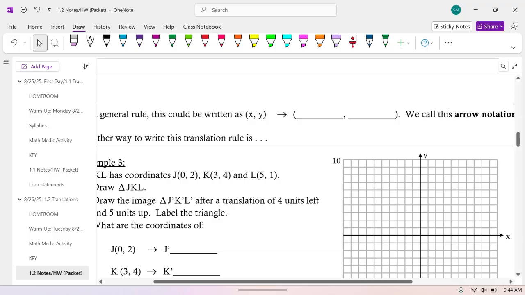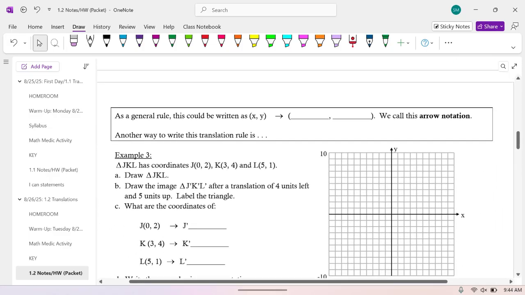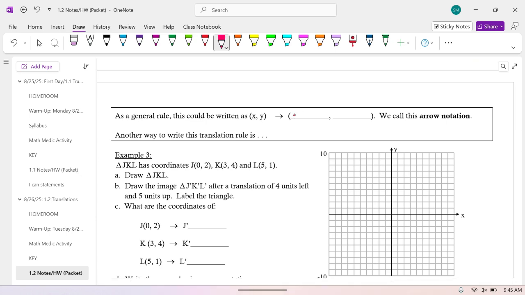All right. So, like I said, the general rule here is that if you start with the point (x, y), x would be plus or minus, let's call it a, and y is plus or minus b, where a is equal to the horizontal distance and b is equal to the vertical distance.